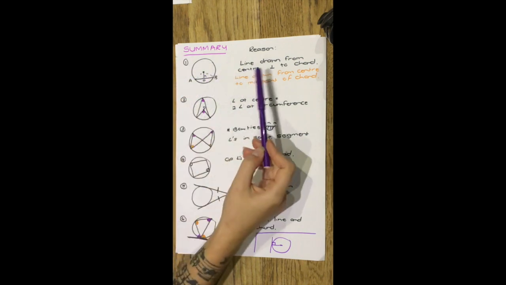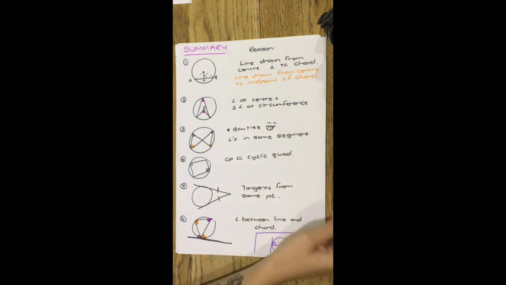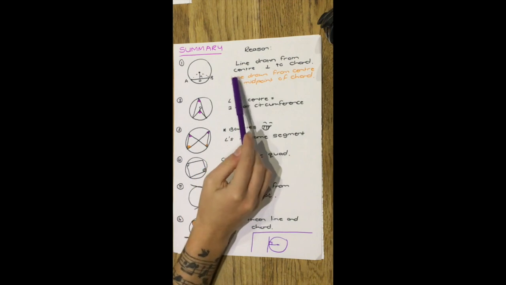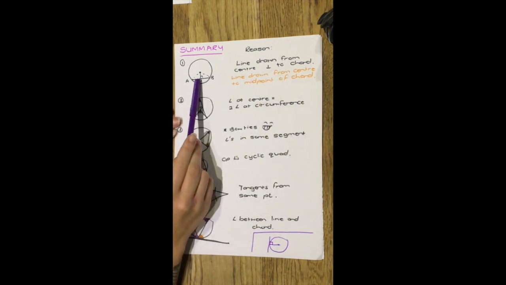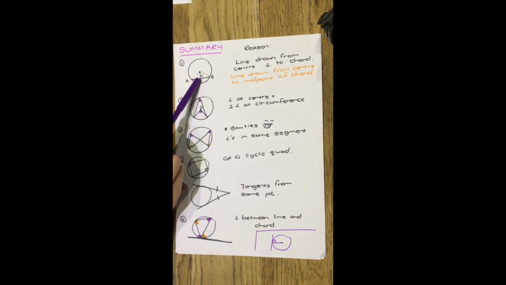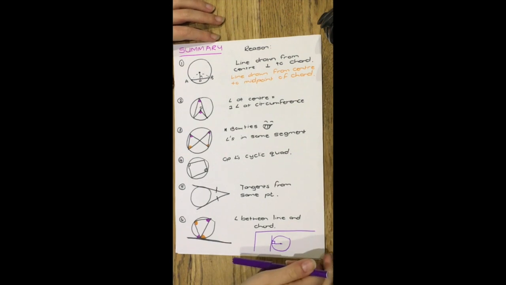So the first reason you can use is line drawn from center perpendicular, which tells us that this line is bisected. Or you can draw it from the center to the midpoint, so you know it's bisected, and then you can say, because it's bisected, I know that it is perpendicular. So you can use either of those.